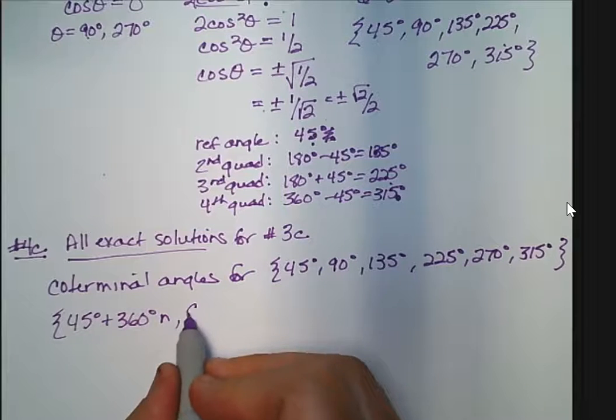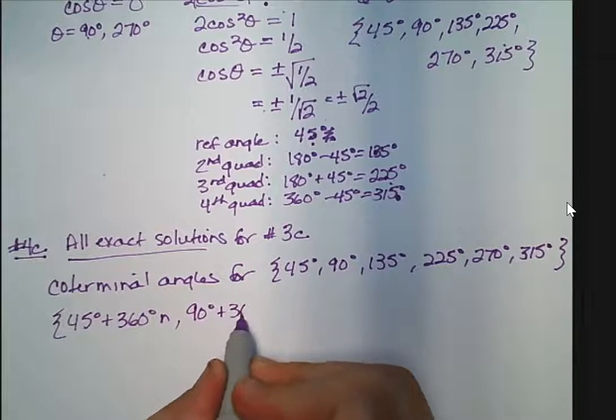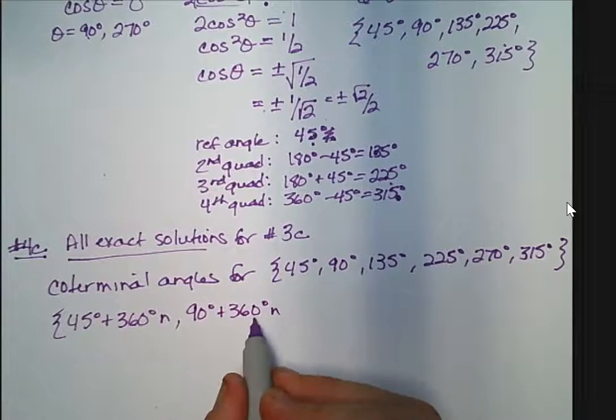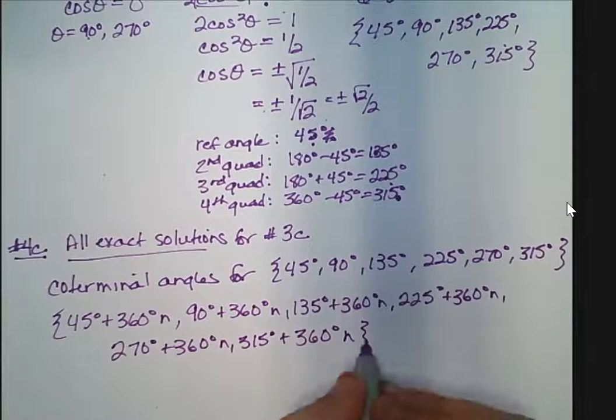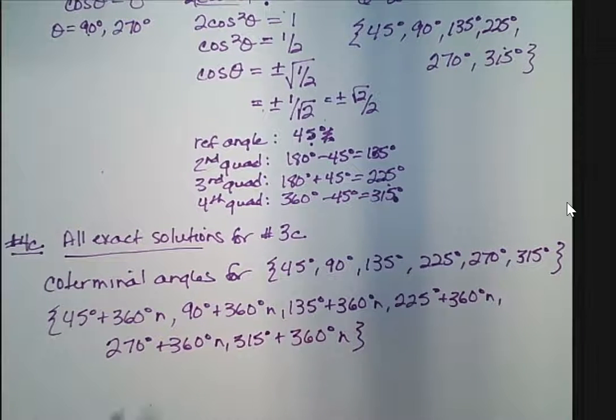Then we would just do this for each one of these: take each one of those answers and add 360 degrees n. Also for this one, in your answers for these problems, the answers are slightly wrong because, again, it had 180 degrees in here instead of the correct answer, which is 270 degrees.